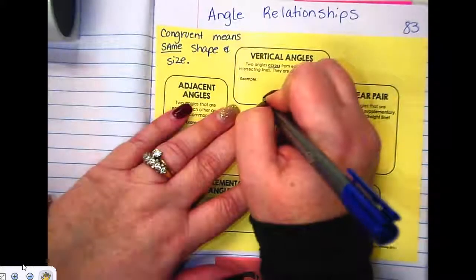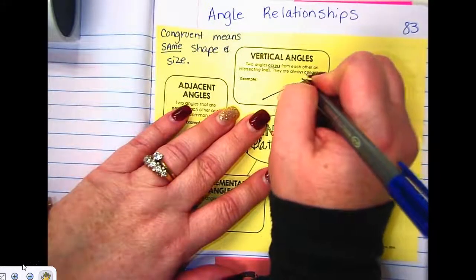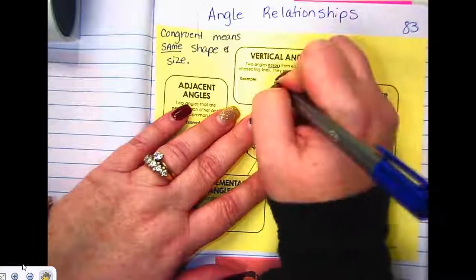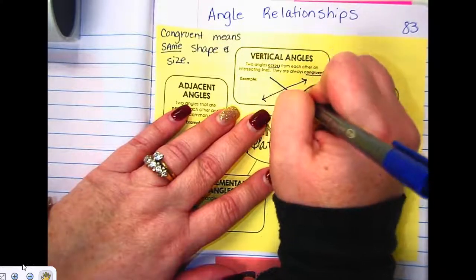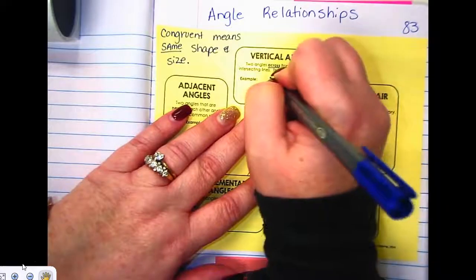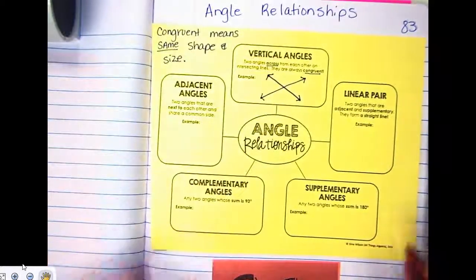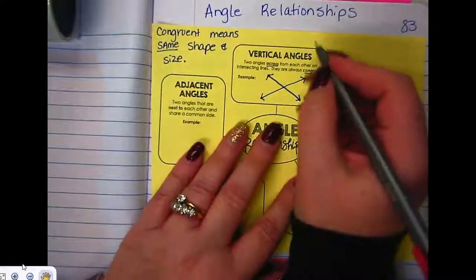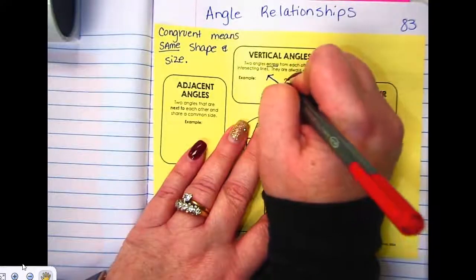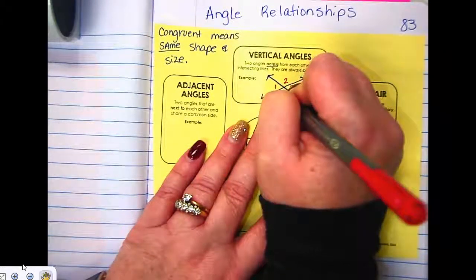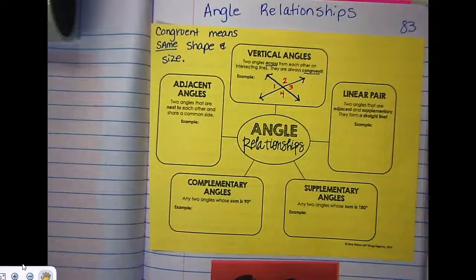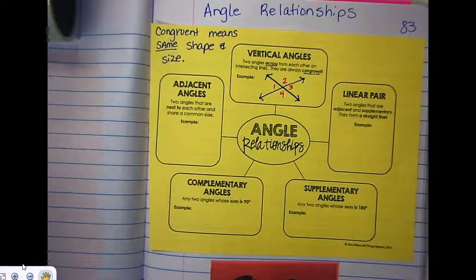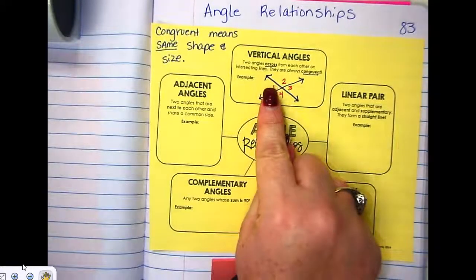So let's draw two intersecting lines. You're just drawing a big old X, and remember lines have arrows on the end to show they keep going. And then let's number those: 1, 2, 3, 4. So let's talk about number 1 and 3.